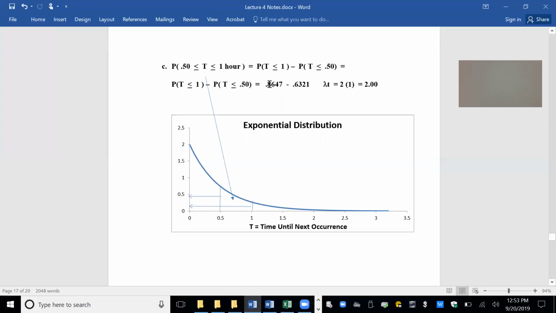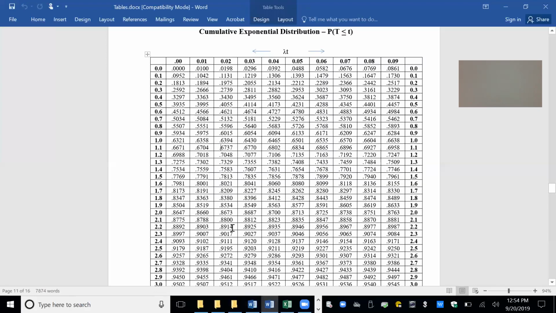So we take the probability we have already, 0.6321, which is the probability of something happening within the next half hour. Then we look up the one for an hour from now. Our lambda t is 2 times 1, so 2.00. We head to our table, look up 2.00, and we get 0.8647.